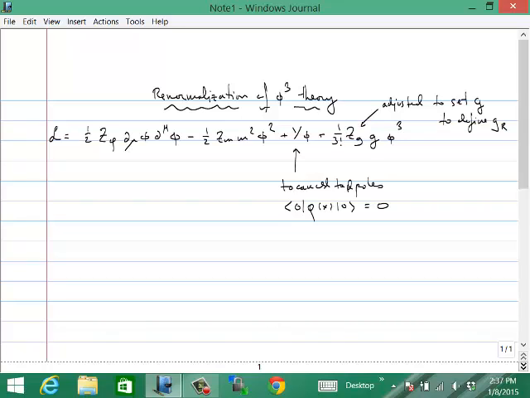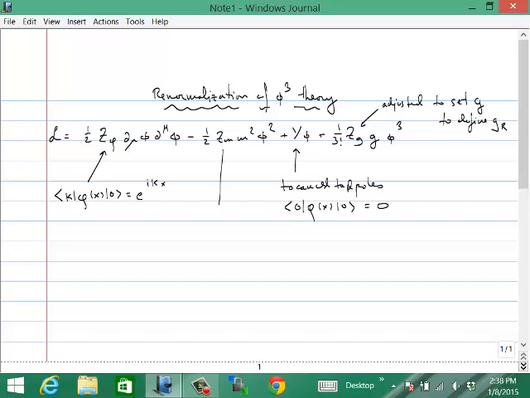And finally, z sub phi and z sub m are known as the wave function renormalization and mass renormalization, respectively. And z sub phi is adjusted order by order in perturbation theory to normalize the one-particle states appropriately. So as you rescale phi by some factor changing z sub phi, then you would change the norm of the one-particle states, and we adjust z sub phi to set that norm equal to 1.